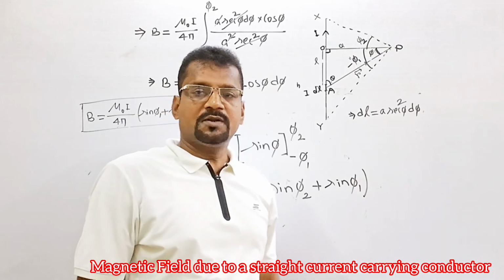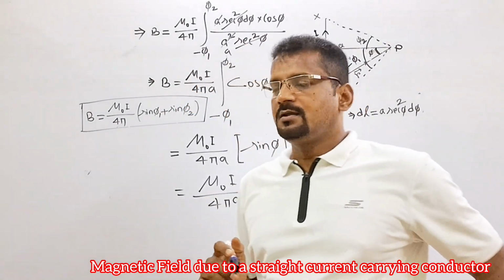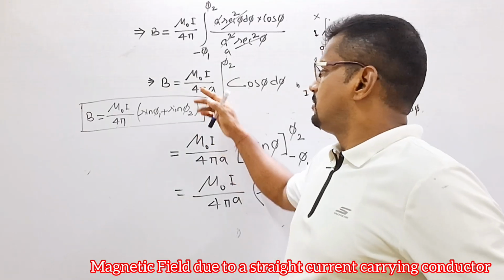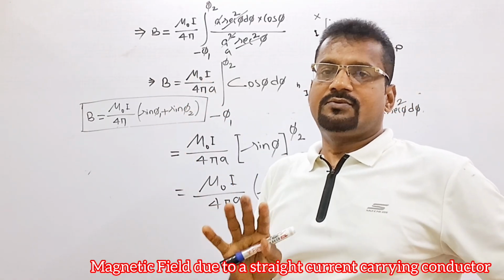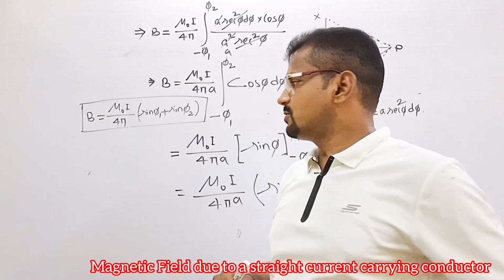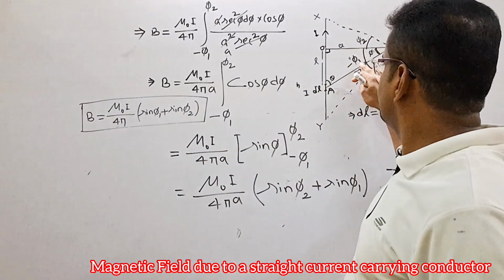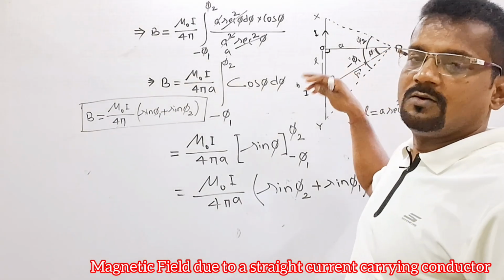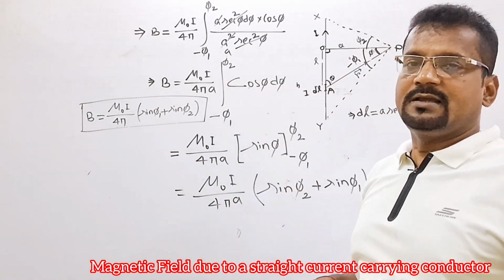And one most important point: whenever you use this formula for numericals, just remember that whatever values of phi 1, phi 2 are given, you don't take the negative in that case, because the formula we have deduced already took phi 1 as negative. So in numerical problems, we are not going to put a negative sign in the angles.